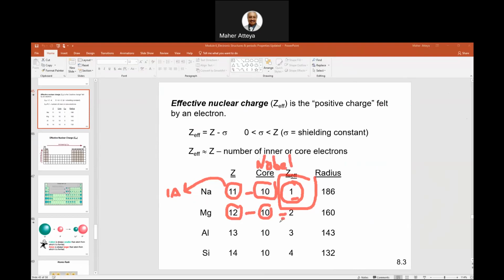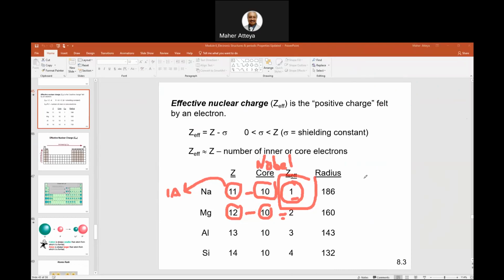So of the whole 12 electrons, it feels really only two negative particles of electrons. It does not feel all of them. And that's because of the shielding of the core.